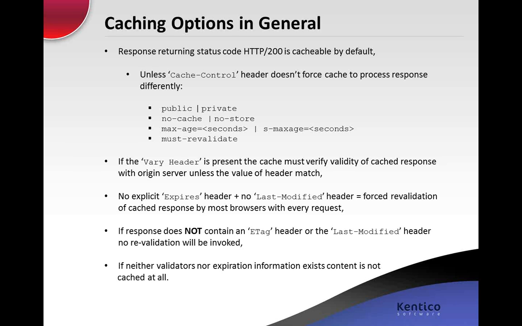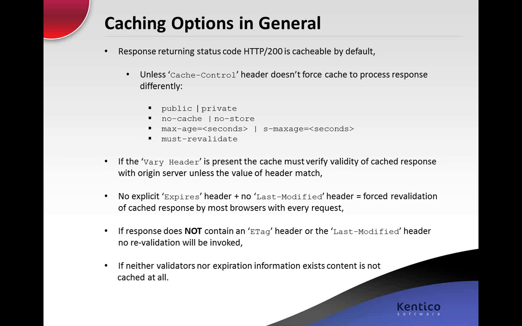If there is no expires or last modified header, that's basically the same as you would say that it must revalidate and let the cache expire. So with every next request, the client browser cache would make a validation request to the origin server.